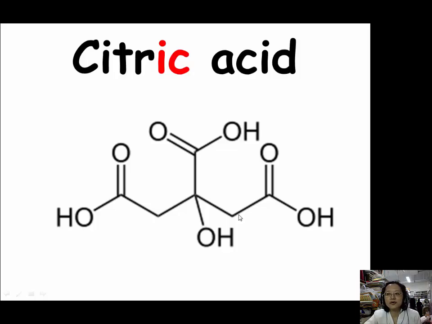It is used as a food additive and in the manufacture of citrates. And it's important because it is an intermediate in the citric acid cycle. In the first reaction of the citric acid cycle, the acetyl-CoA reacts with the oxaloacetate to form citric acid, which starts the citric acid cycle.